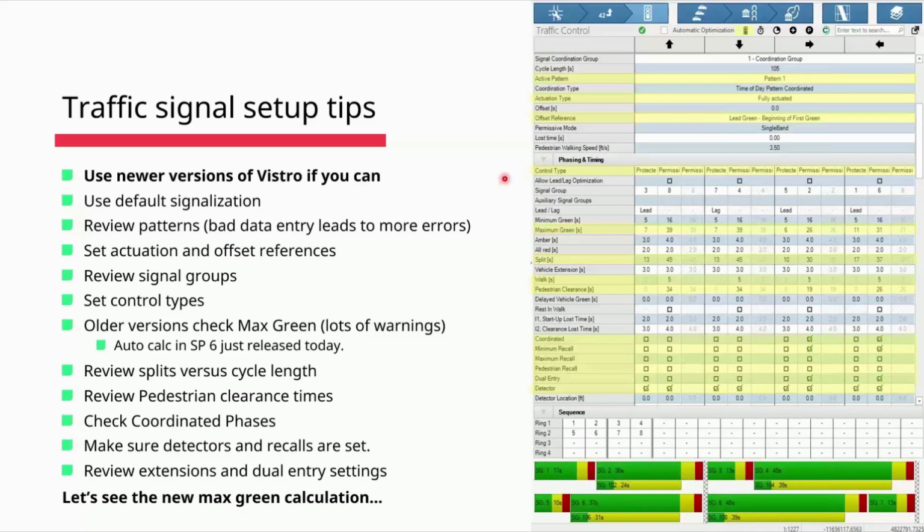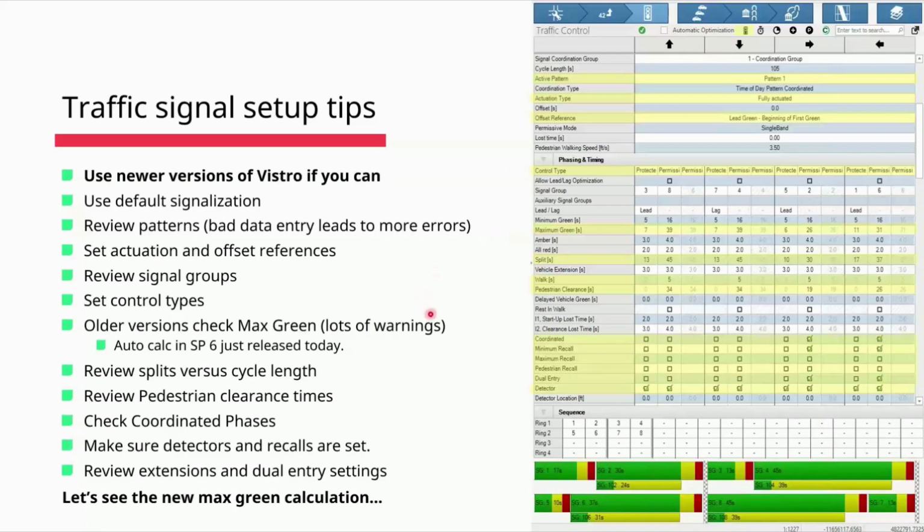Control type is another thing that we see sometimes. Some people are not setting protected or protected permissive correctly. So maybe look at that one, especially overlaps. Overlaps is another thing. So maybe you need to look at how to set up overlaps.